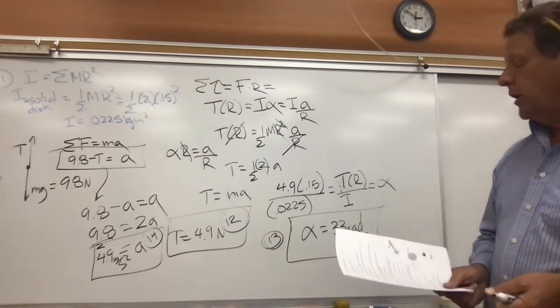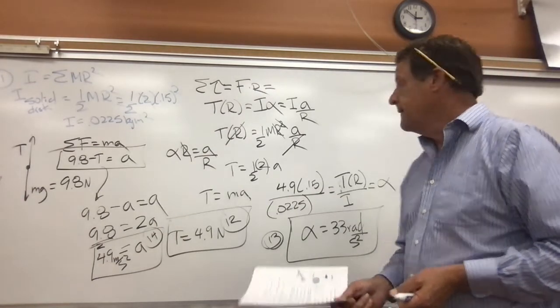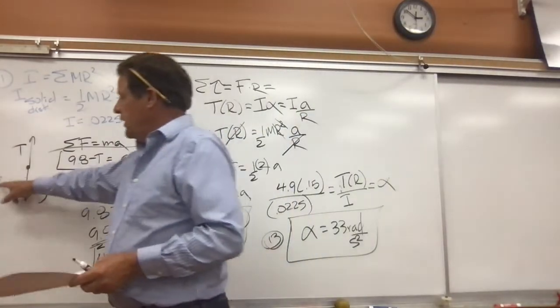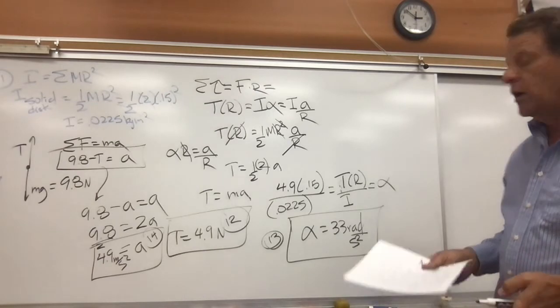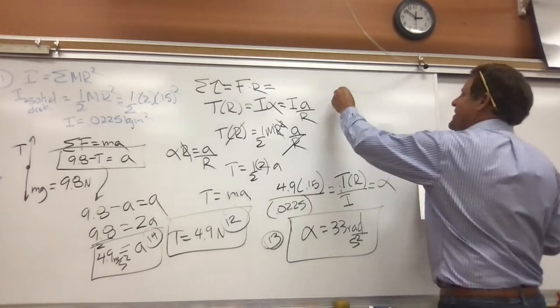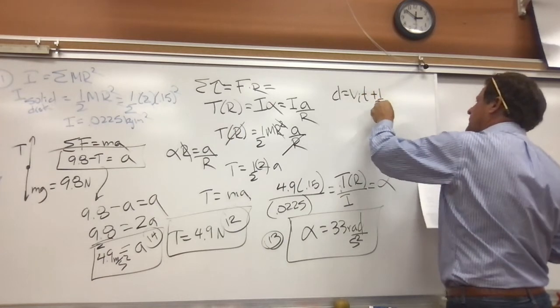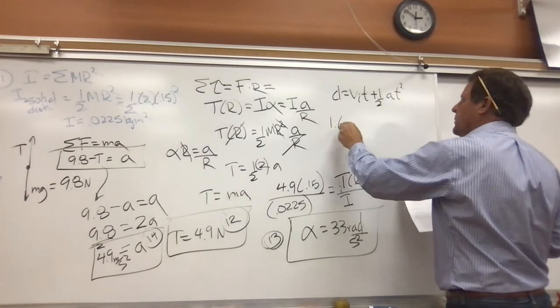And now we want to know how long it would take to drop 1.6 meters. So essentially we've changed this into linear, and so now we can go way back to distance is equal to initial velocity times time plus 1/2 AT squared. So our distance is 1.6.